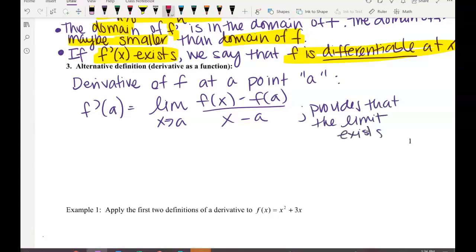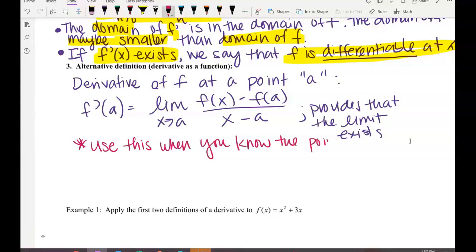Okay, now students, use this formula when you know the point. Use the formal definition when you don't know the point.